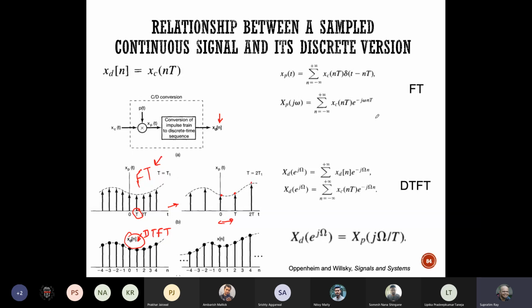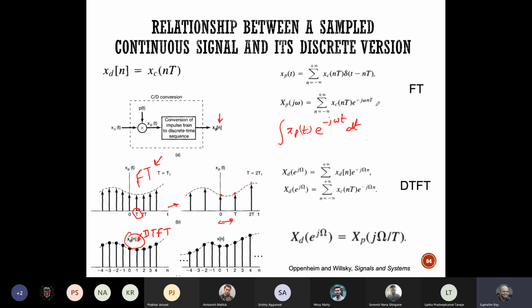And the Fourier transform is obtained by the standard formula, the integral of x_p(t) e to the power minus j omega t dt. You integrate and notice that x_p(t) has a delta function. That delta function, when you integrate by the shifting theorem, will just take the value of t as nT.